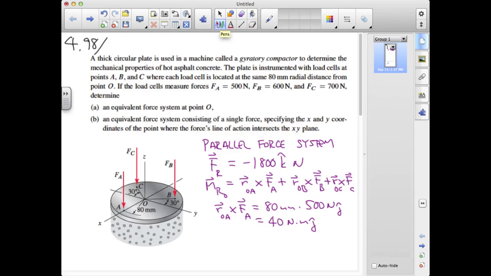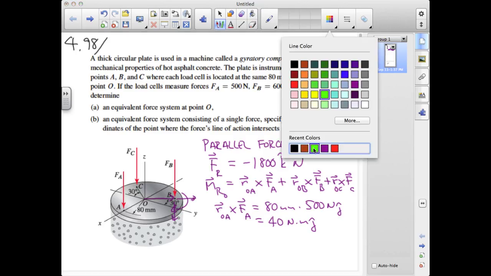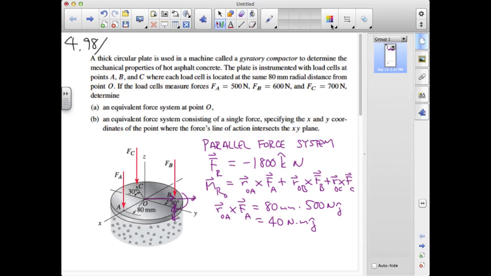For the second term, I have r_OB cross F_B. Again, I could extend that position vector for the purpose of doing this cross, and you may be able to see that what I'm going to end up with is a line of action for that moment which also lies in the xy plane and makes a 30-degree angle off the x-axis this way.